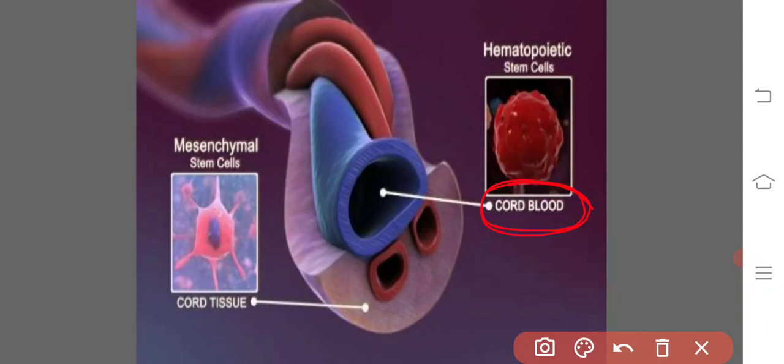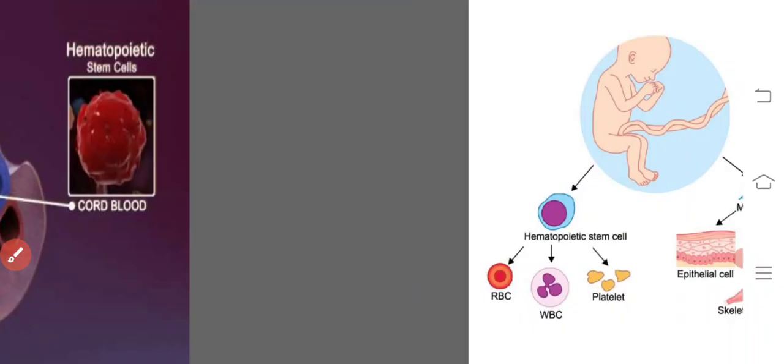The harvesting of stem cells can be expensive, but the advantages for future needs include that the stem cells are easily accessible, with less chance of transplanted tissue being rejected if it comes from the recipient's own body. These are the benefits of the cord blood stem cells.